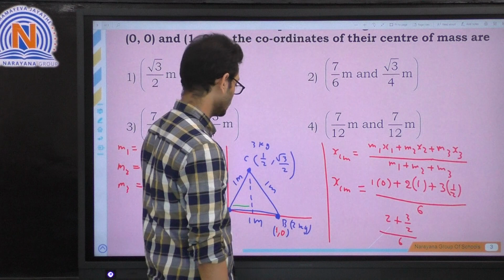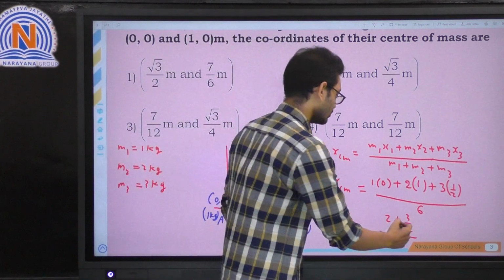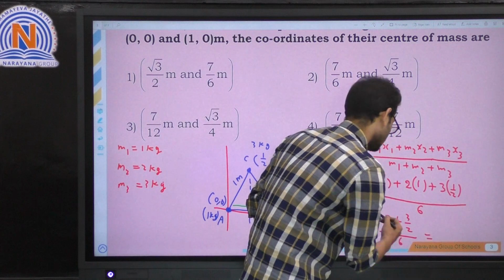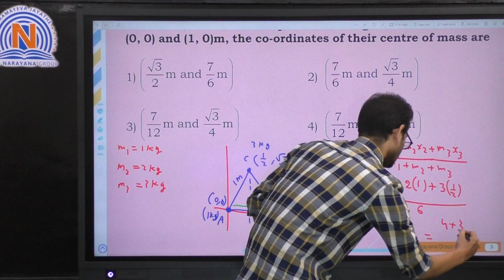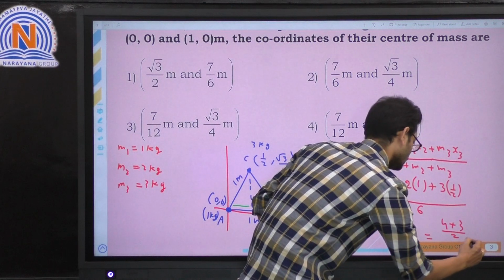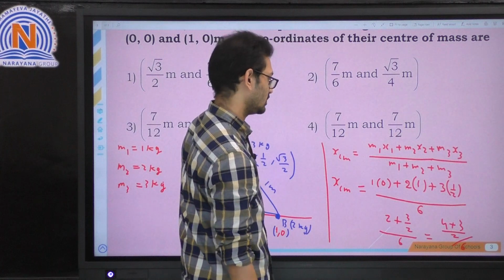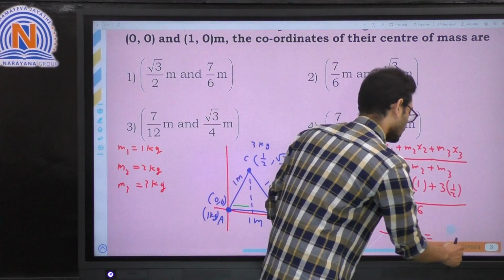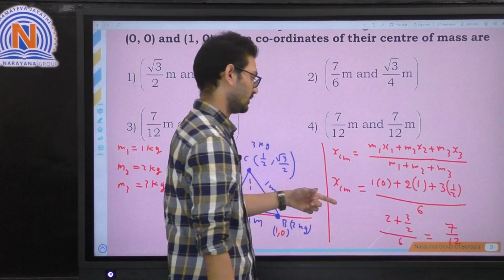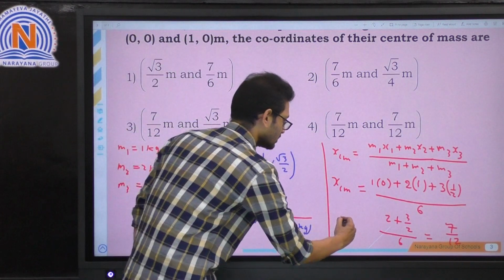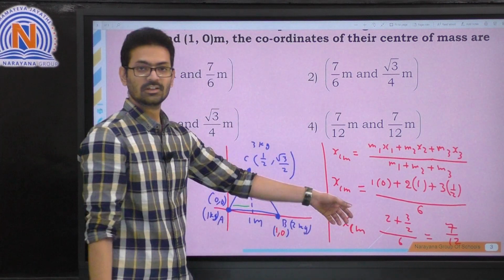2 1s are 2, so this is 1 comma 0, right. So now what you will be getting? You will be getting somewhat around 4 plus 3 by 2 by 6. How much you will be getting? 7 by 12. Your overall answer is going to be 7 by 12. So x center of mass is 7 by 12.